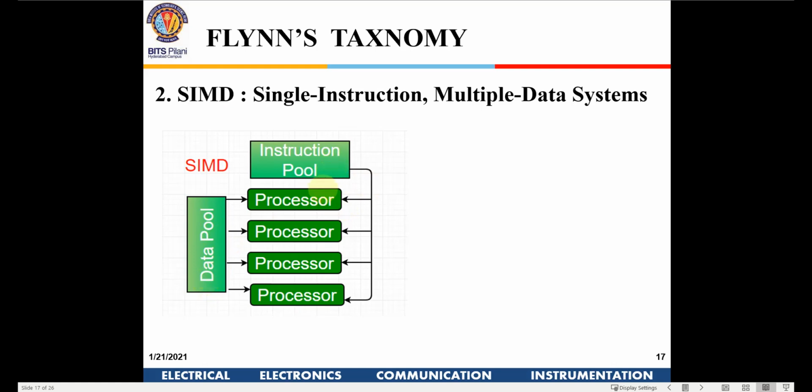Suppose you could have multiple RAMs. The single instruction can be broken down into small instructions, and each instruction might depend on a different data pool. It could be different RAMs altogether, or different segments of the same RAM.